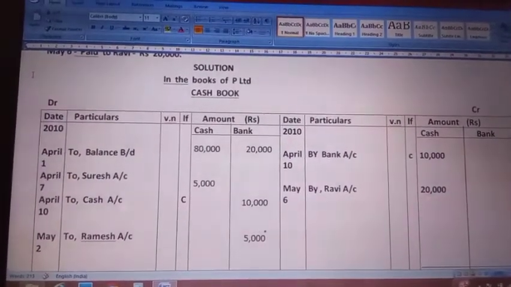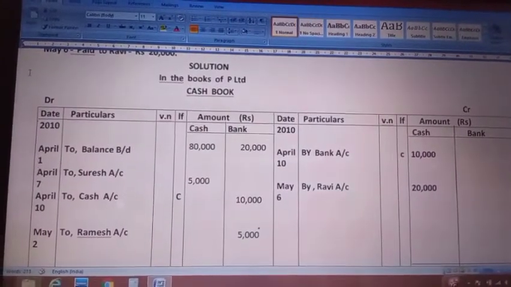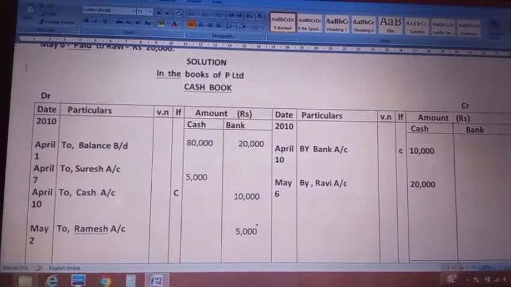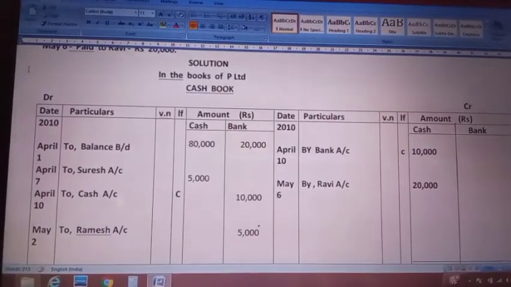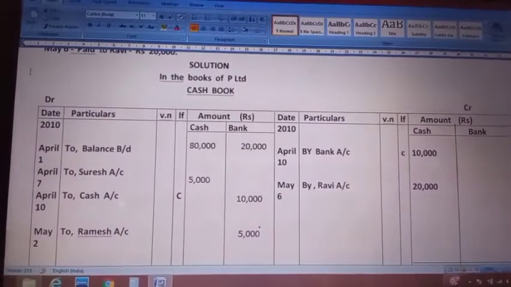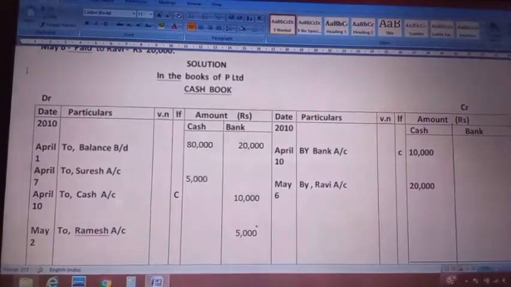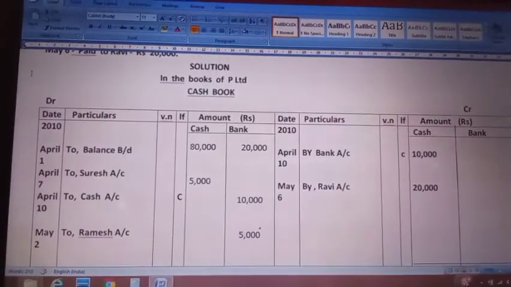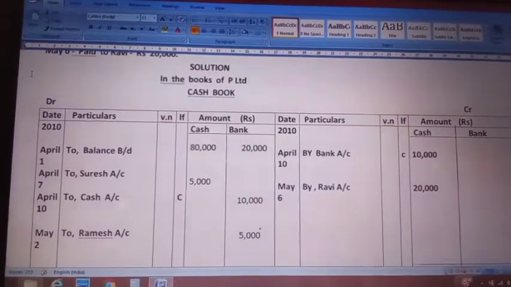Now before I begin with the sum, I would like to discuss with you certain important things which you need to keep in your mind. See, if we are given the opening balance of cash and opening balance of bank, then we will write it on the debit side with the first opening date as to balance BD.